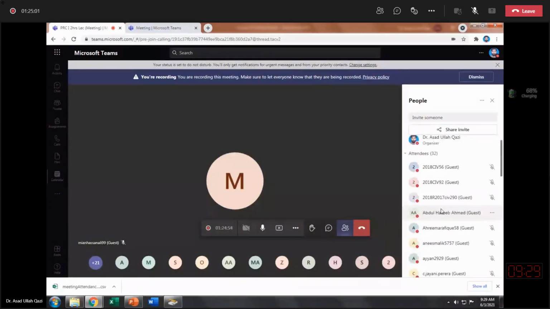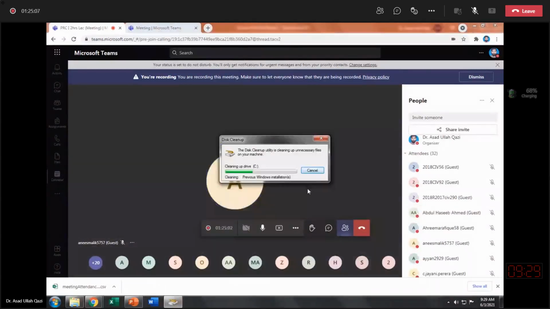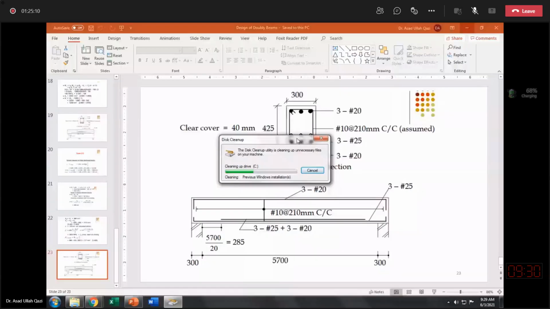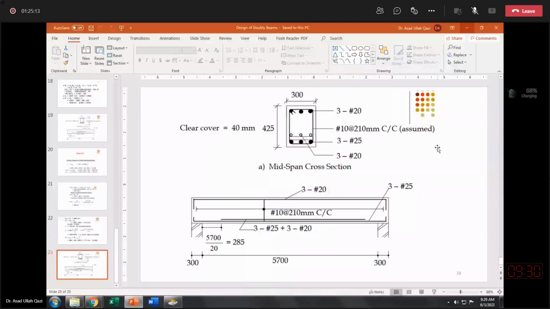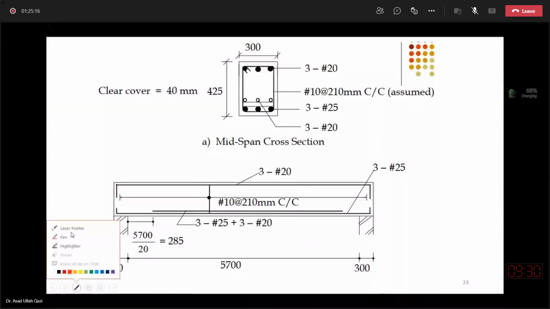Okay. And my point was, let me go back to that. Yes, sir. The point I want to make, let me rewrite that cover. We started this problem with the assumption that our cover is 58 on the compression steel. Now I'm talking about a very practical check: when you finally sketch, your sketch will be executed at site, not your calculations.